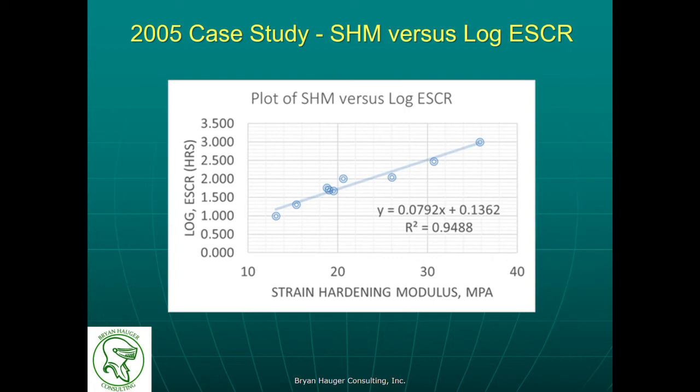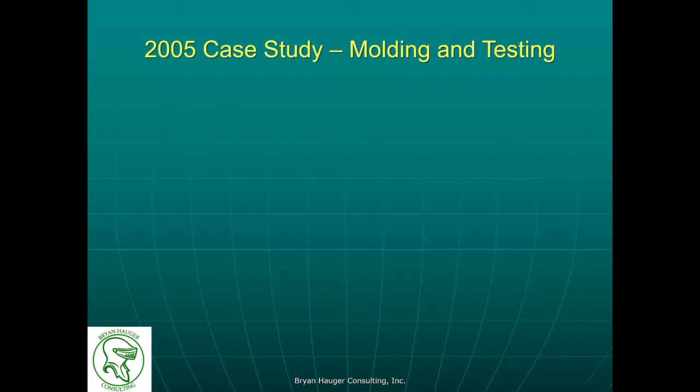This implies that one can assess the likely failure time of blow molding and pipe resins in the ESCR test by conducting the quick and easy strain hardening modulus test. Perhaps the apparent generality of the principle of using tensile data as a metric for ESCR implies a potential relationship to all other slow crack growth tests.